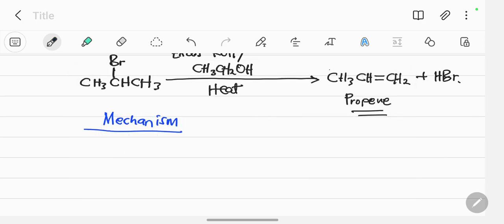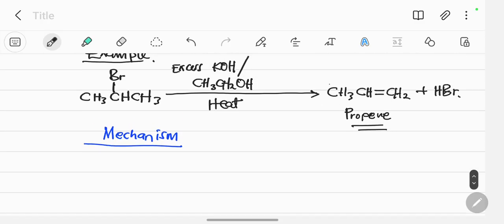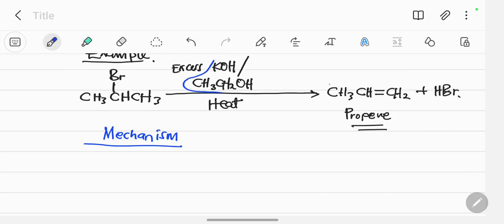And in our mechanism, I'm going to have the alcohol reacting with potassium hydroxide there.